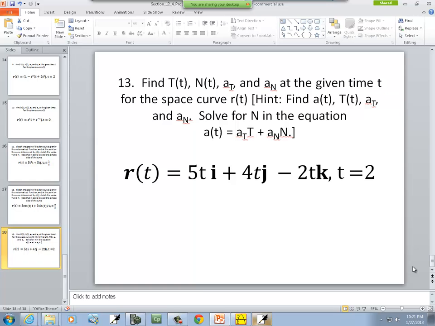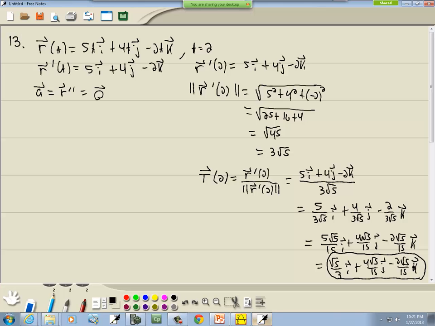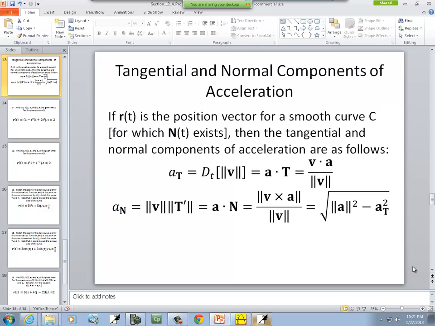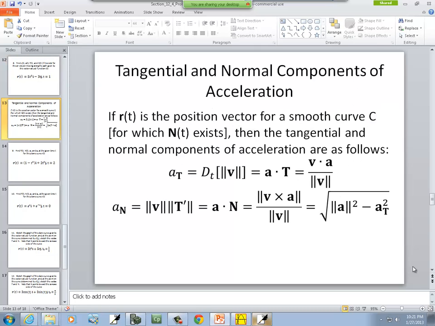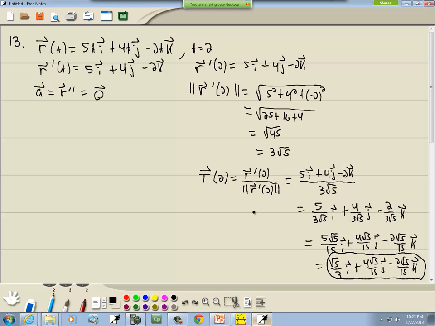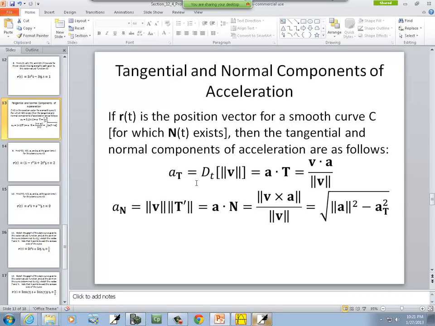Okay. Now here we're going to find the dot product of a and T. So we need a. This may not come out good at all. That's going to be 0, won't it? Everything's going to be 0. Well, you get the idea anyway.